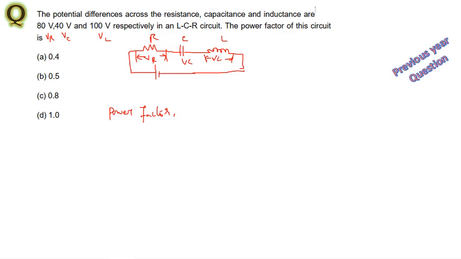Power factor cos phi is equal to R divided by Z. Or you can mention it as VR divided by V, where VR is the potential difference across the resistance, and V is given by the general formula: the square root of VR square plus the whole square of VL minus VC. Now you just substitute all the values here.